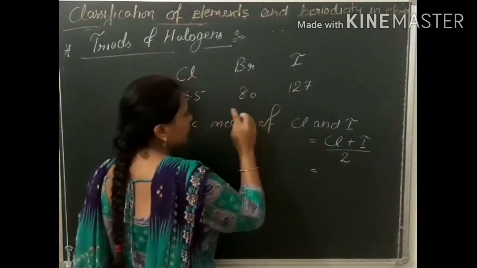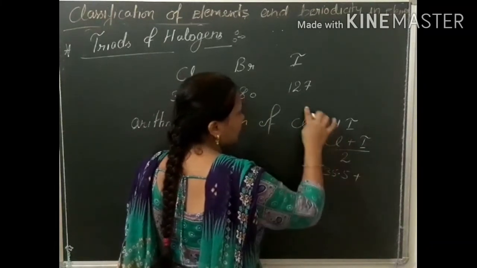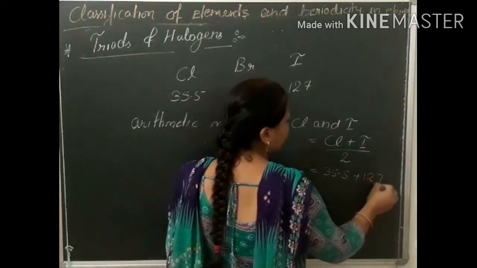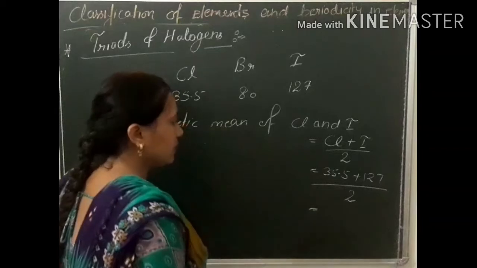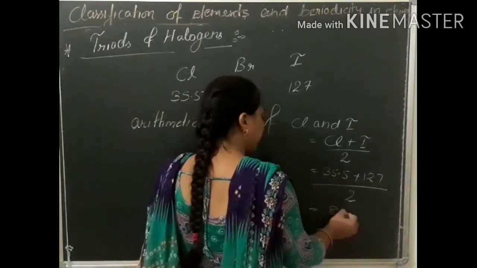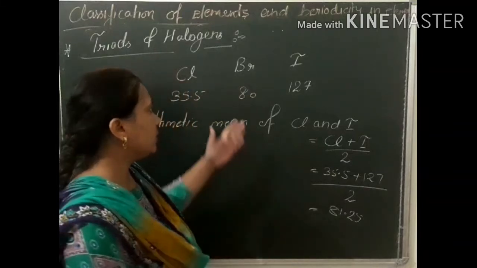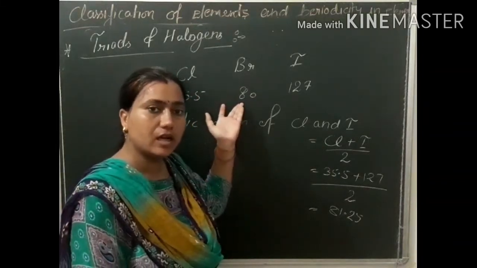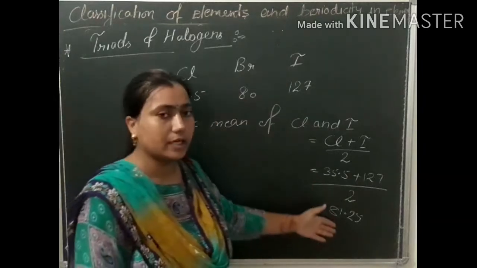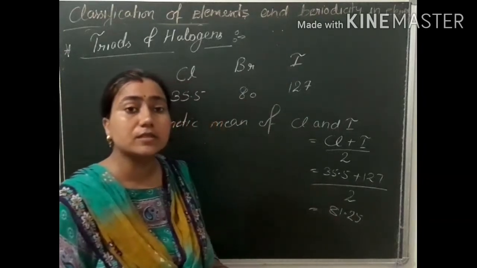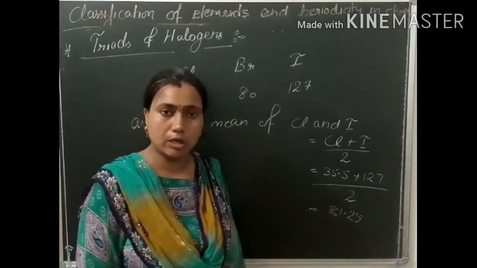The mass of chlorine is 35.5 and the mass of iodine is 127, divided by 2. That is equal to 81.25, which is nearly equal to the mass of the middle element. The mass of the middle element is 80 and here it is 81.25. There is this minor difference, so we can say that this is nearly equal.